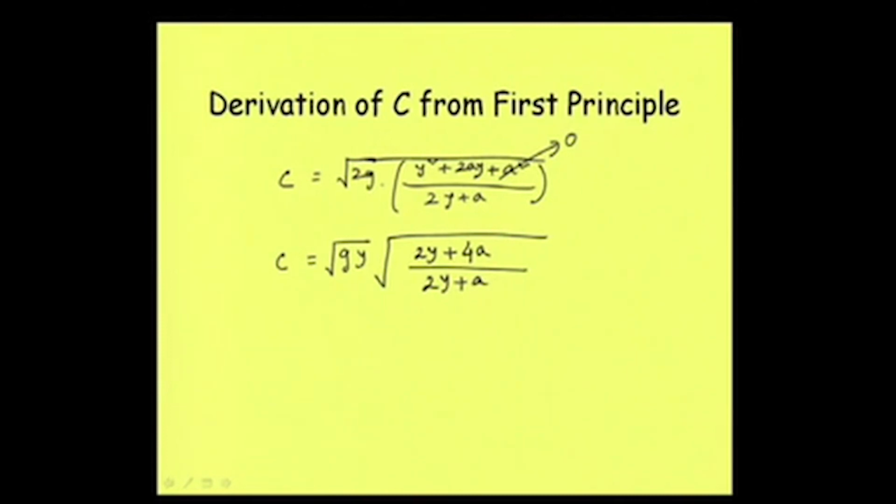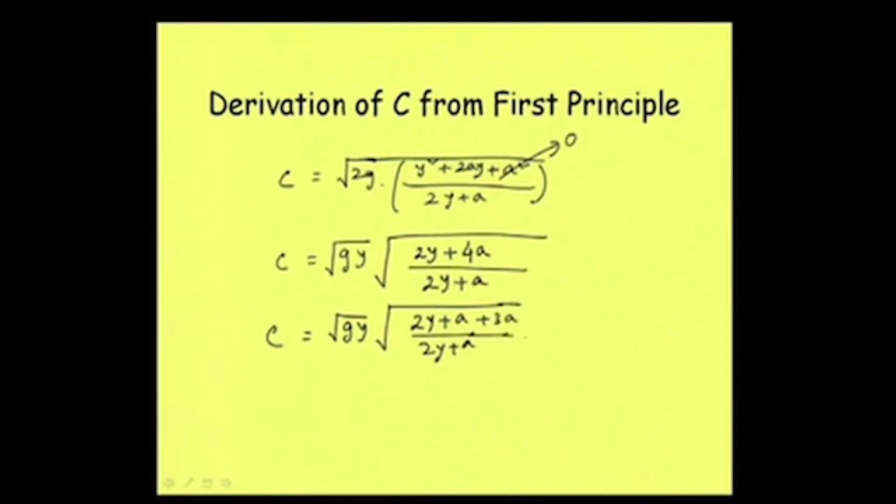Now this we can further simplify in a way that this is equal to root over g y, and let me write it in this form: twice y plus a, here also twice y plus a, and then in fact we need to write plus thrice a.